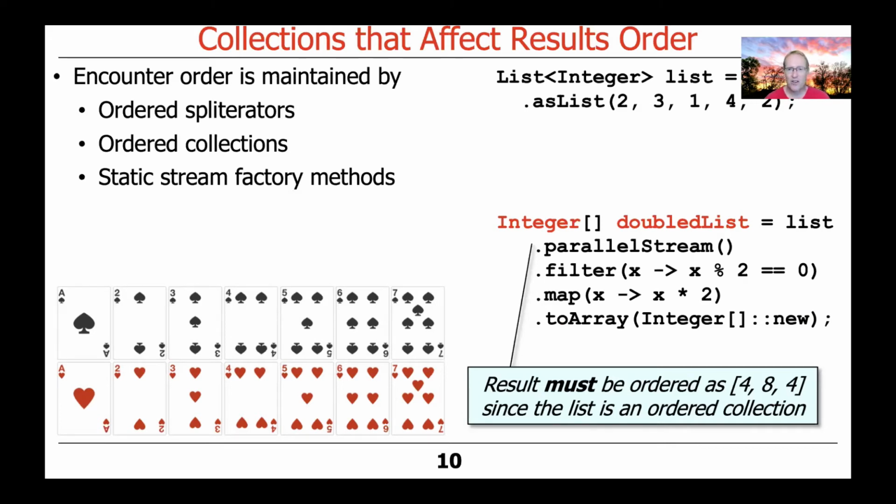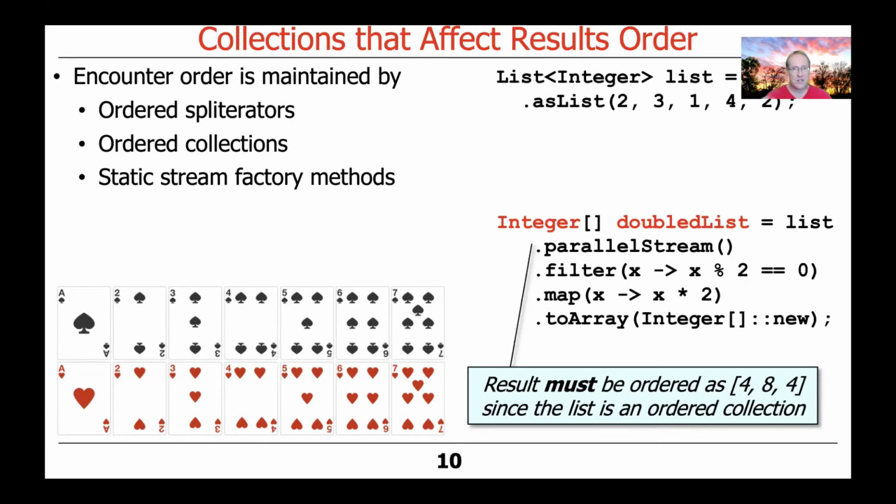It doesn't matter whether the processing took place in some other way, whether the 8 was multiplied first before the 2 4s or whatever, or the 2 4s were processed before the 8. Doesn't matter which one's finished first as part of the apply phase. As part of the combine phase, things are put back in so-called encounter order. So the list will end up being with the results 4, 8, 4 in that order.